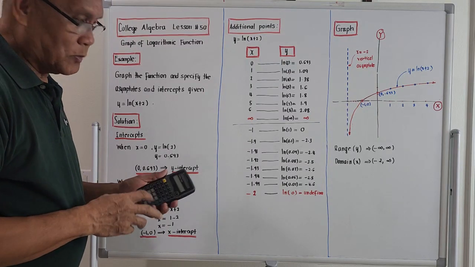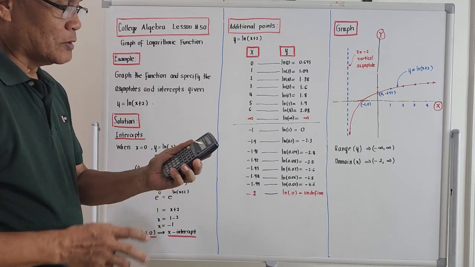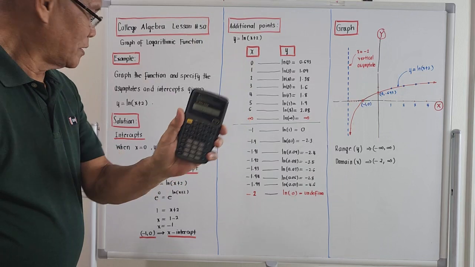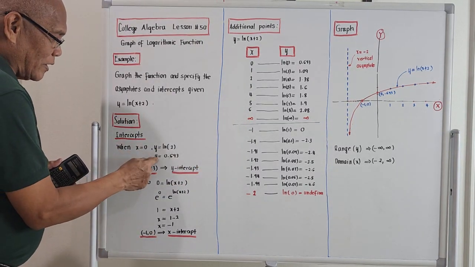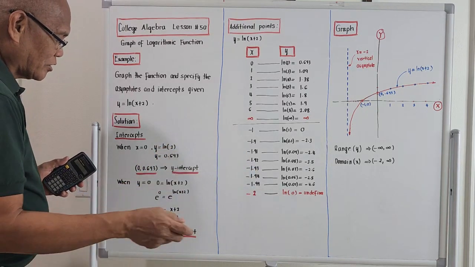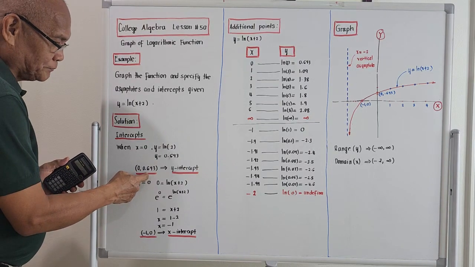We display 2 on the calculator, press the natural logarithm, and the natural logarithm of 2 is 0.693. So when x is 0, y is 0.693. The location of the y-intercept is at 0 and 0.693.